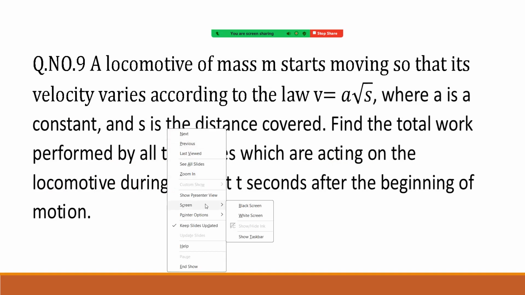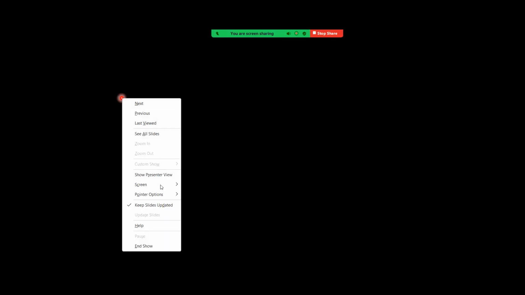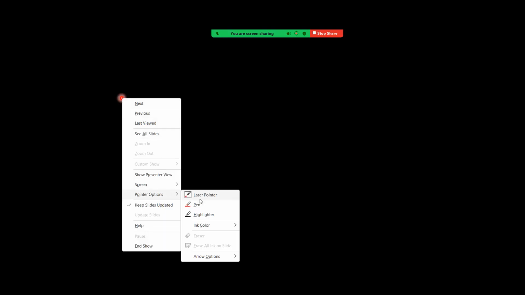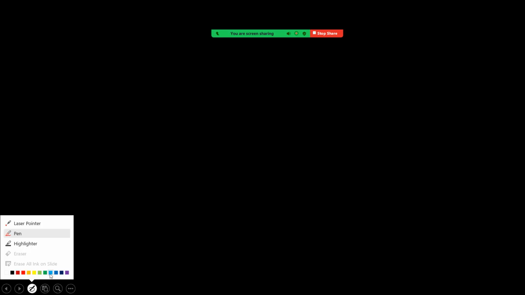Right. So we are going to use the work energy theorem to calculate this. First of all, write down the given data. V equal to a root S. Right. So we have to calculate the net work done.